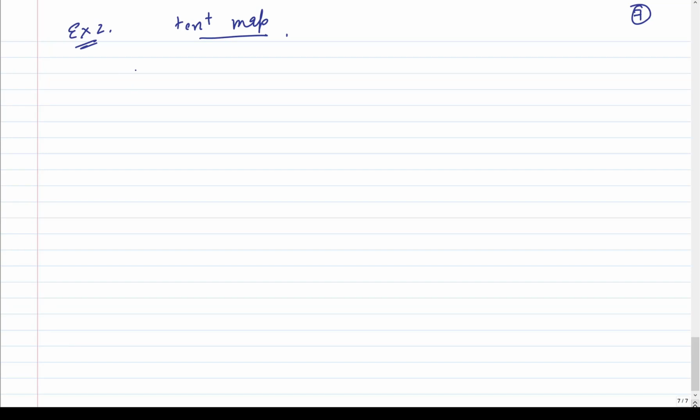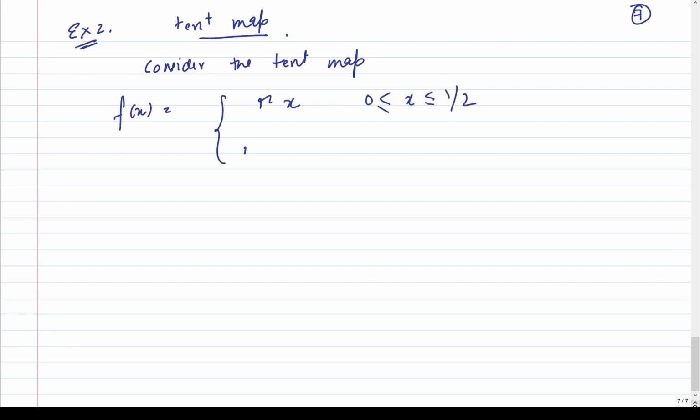So, consider the tent map, defined by rx if x is between 0 and half, and r minus rx when x is between half and 1.